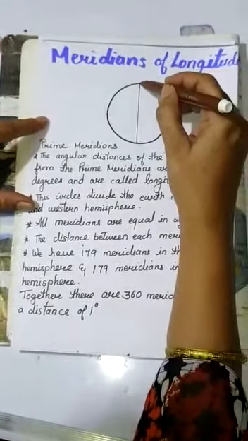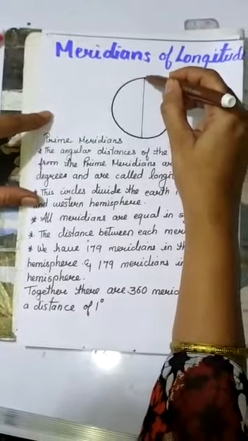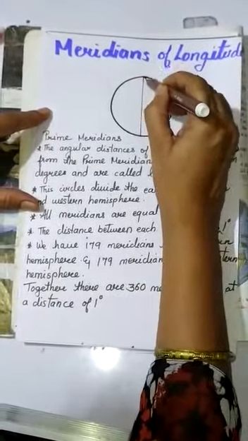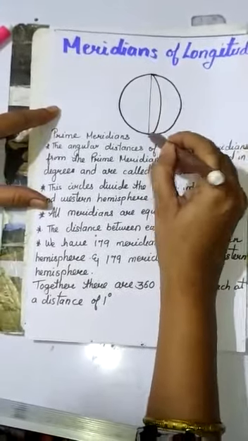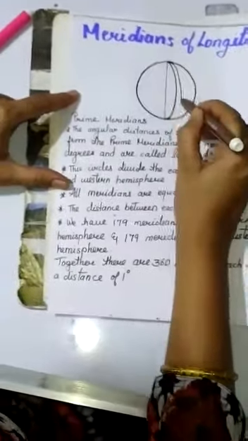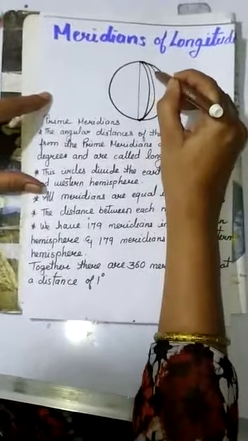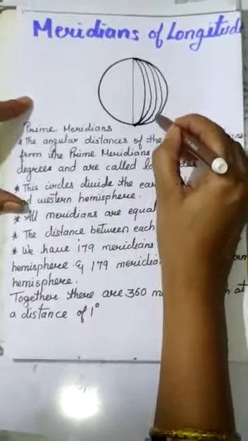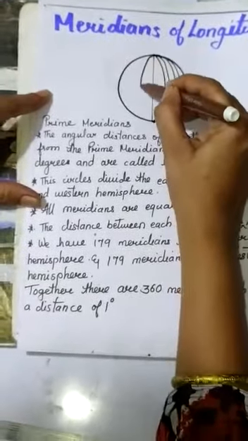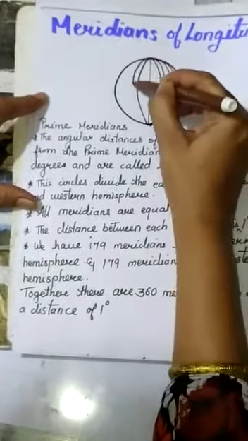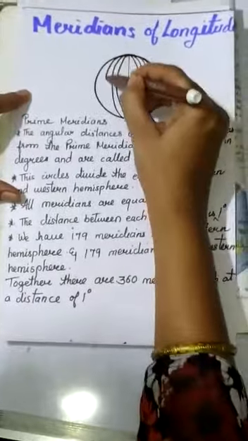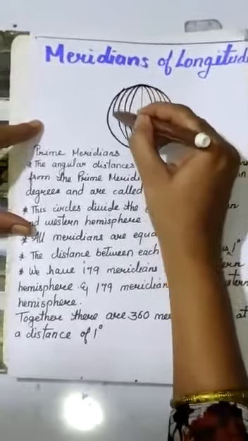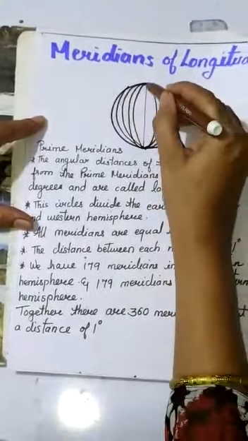Now the longitude starts from here, from the north to the south, and these are semicircular lines. These are semicircular lines, and they touch over here and here.